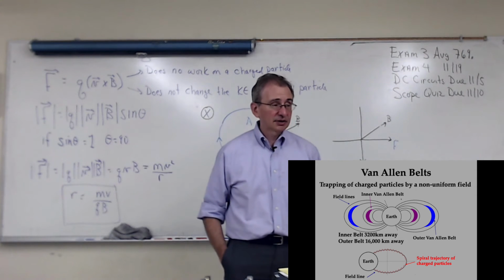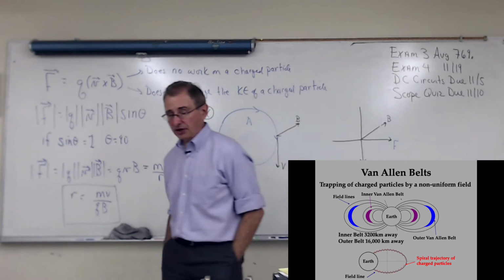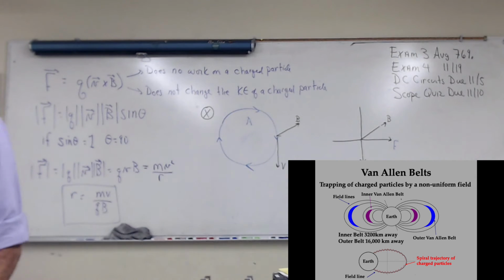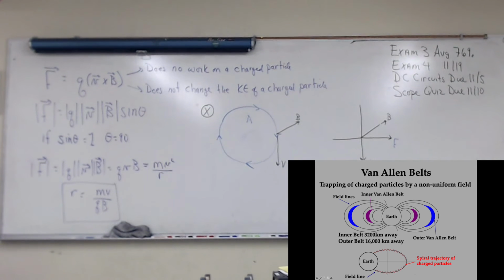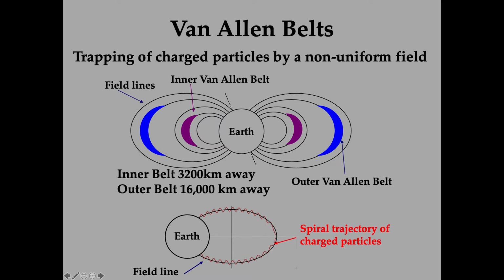These belts are where the charged particles get trapped. Let me make this picture bigger. There are two belts, an inner belt and an outer belt. The inner belt is from about 1,000 kilometers to about 12,000 kilometers above the surface of the Earth.